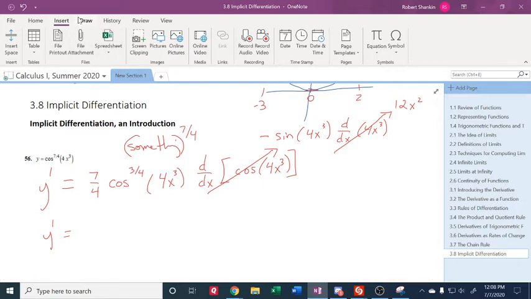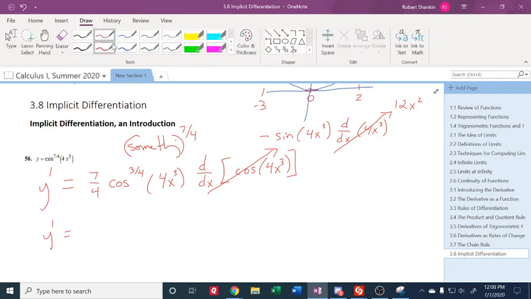Now, this 4 is going to go into this 12 3 times. So I'm going to get negative, the 3 times the 7 is 21. So negative 21.